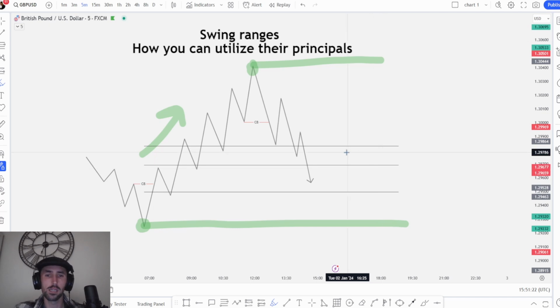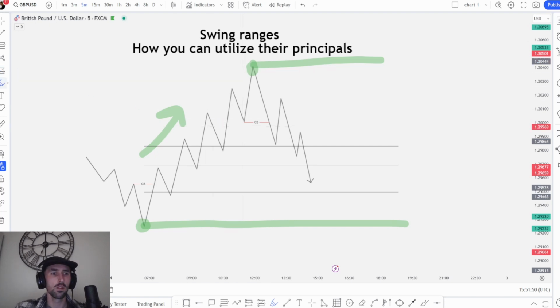Now, in this case, we are talking about a simplified way of using the overall range without having to deep dive in. So essentially all you're going to need to do is wait for the swing high to be established, swing low to be established, and you can work within those two parameters without really having to take a deep dive into lower time frame price action, which I know some people struggle with because it is very noisy compared to some of the higher time frames.